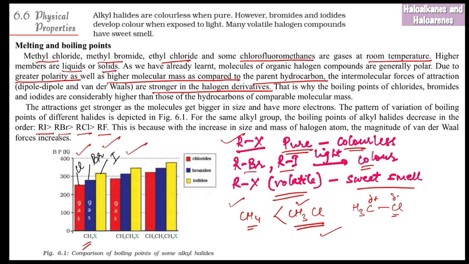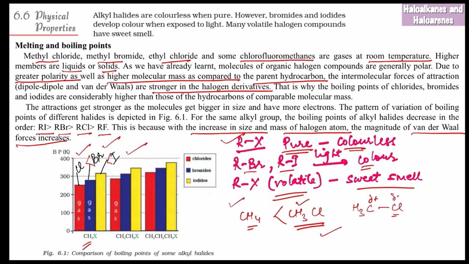What is the reason? The reason is that the size of iodine is greater than bromine, which is in turn greater than chlorine. So with increase in size and mass of the halogen atom, the van der Waals forces also increase. And with the increase in the van der Waals forces, the boiling point also increases.